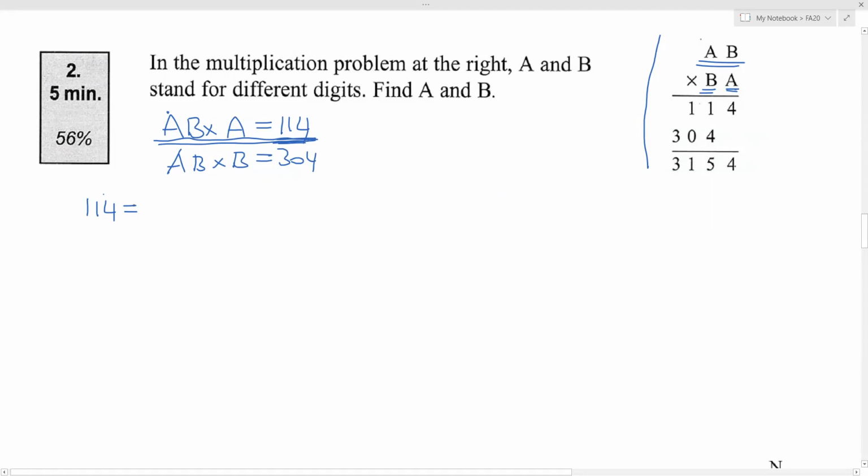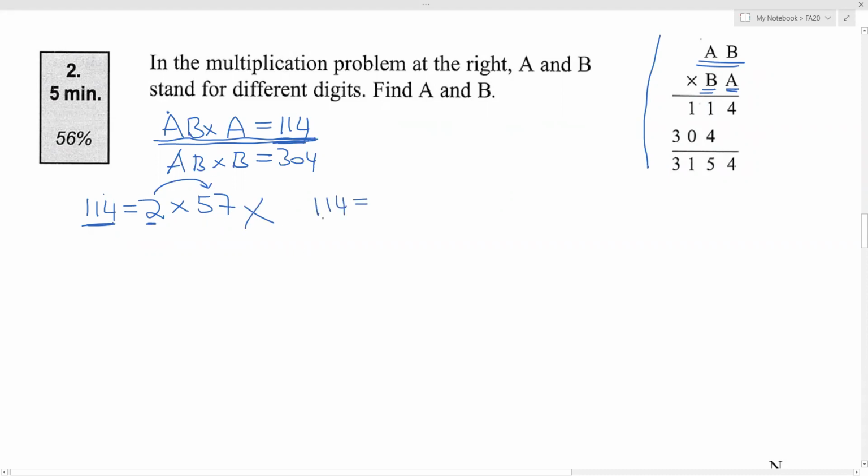So let's see, 114. First of all, it's an even number, so it can be factorized as 2 times 57. Does that work? 2 does not appear at the tens place, so this is definitely not right.